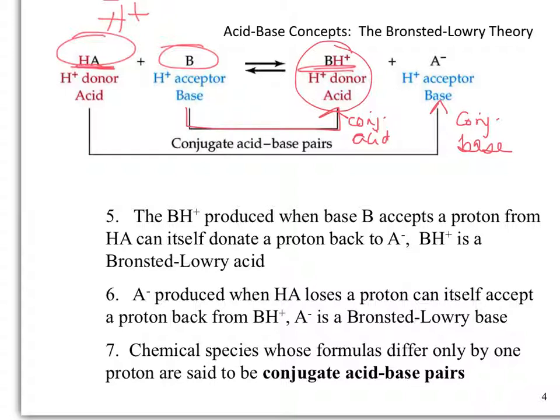In that sense, one can say that BH plus and A minus are the two conjugate acid-base pairs that exist in this equilibrium reaction.